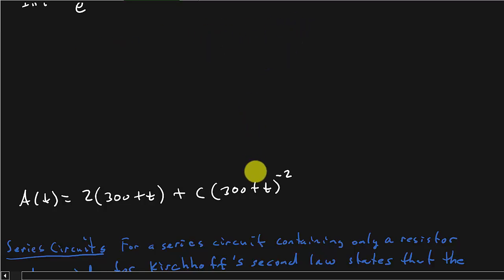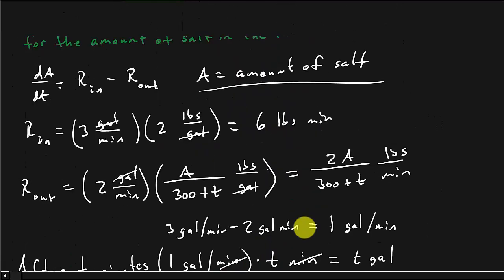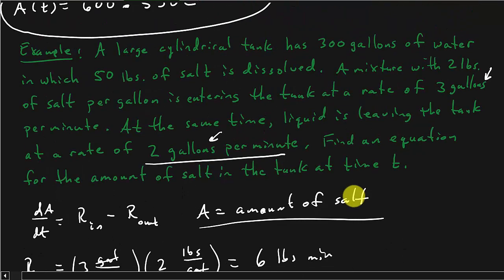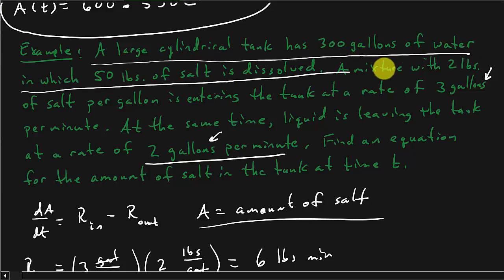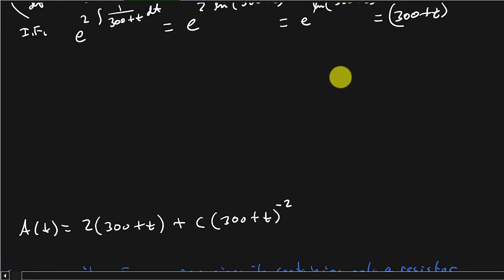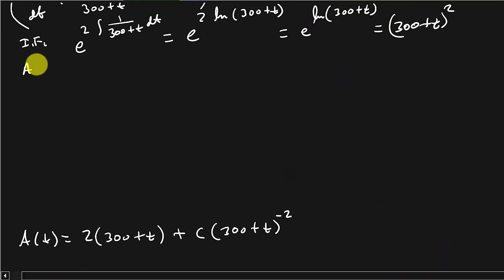All right, so remember, we have our initial condition. A large cylindrical tank has 300 gallons of water in which 50 pounds of salt is dissolved. So that tells us that A of 0 is equal to 50. So I'm going to solve for c.